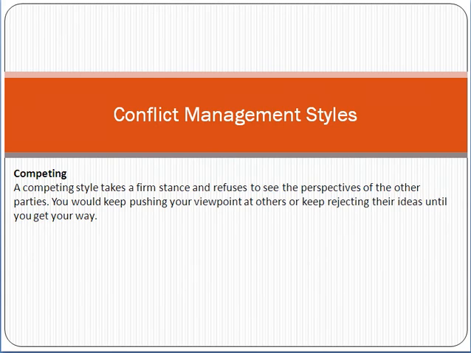In this style, you are totally rejecting the other's point of view. You are forcing your point of view on the other party, because in this scenario you think that you are powerful and the other party is weak, and you can enforce your power and authority on the other stakeholders. That is called competing.